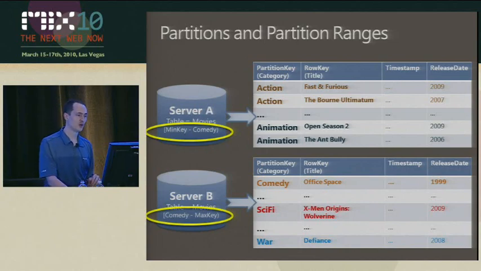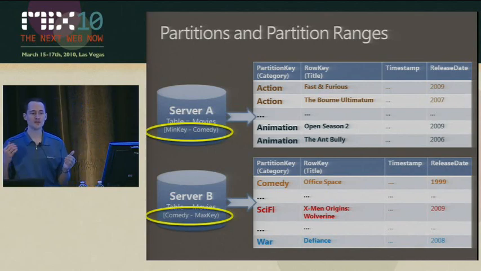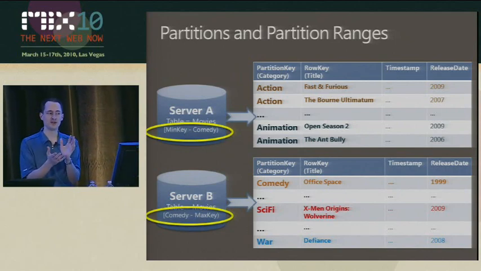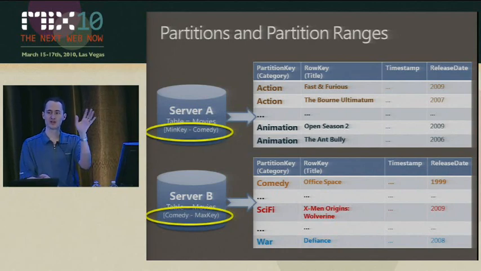Okay? So this is important to understand because the granularity you choose for your partitioning is the granularity that will allow us to automatically scale out access to your table. If you put all of your entities into a single partition, meaning that they all have the same partition key value, that may be great for your application in that you can do atomic transactions across all those entities. But we can't split your table across these servers.